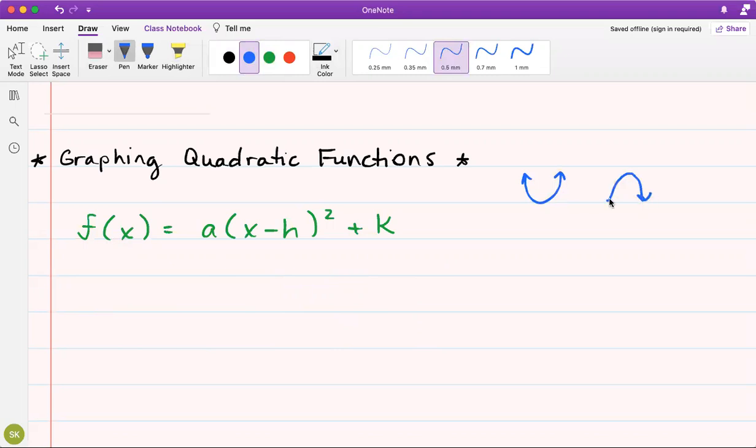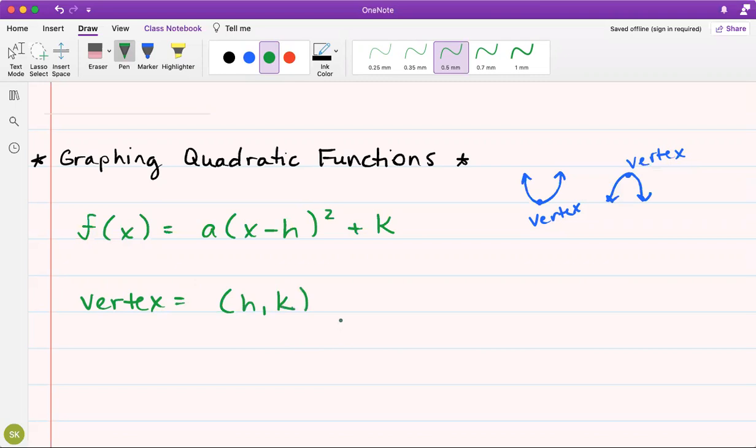So that's called a parabola, and you're going to have a minimum or a maximum. The minimum or maximum is called the vertex, the lowest or highest point in this particular graph. If you're given this form of a quadratic, the vertex is h comma k.